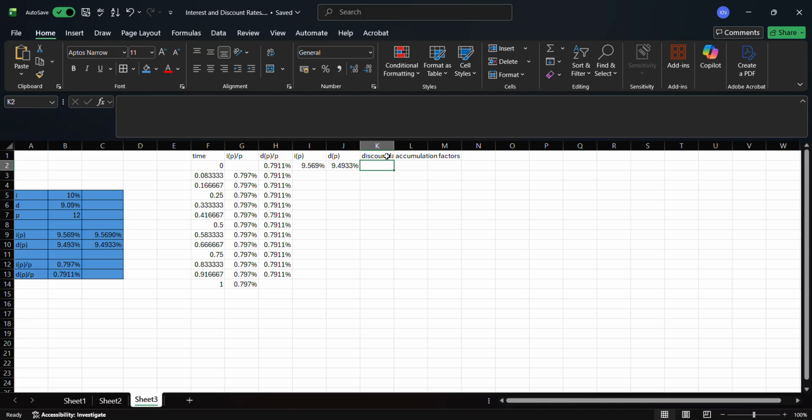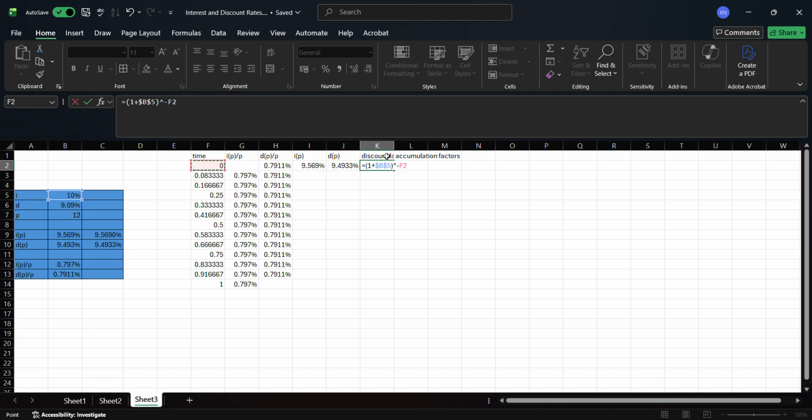I'm sure you're familiar with your discount factor being equal to 1 plus the interest rate, which I'm going to fix, to the power of minus wherever you're discounting from. So if you're discounting from time 1, it's going to be minus 1, from time 2, minus 2. Here we're going to be discounting from each one of these cells.